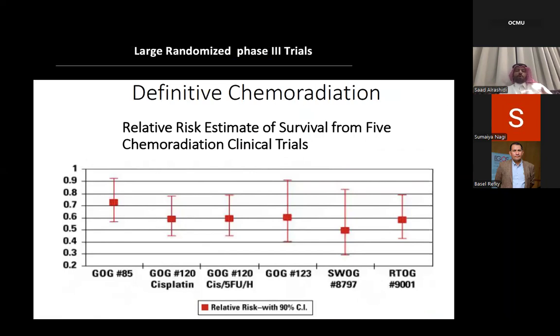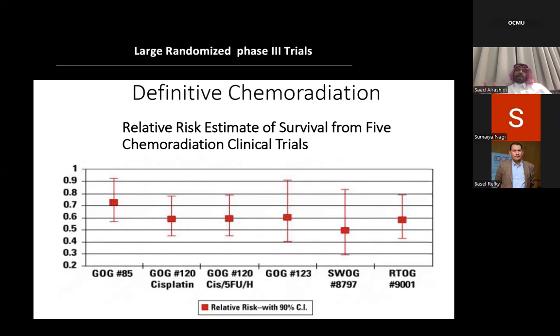If more nodes involved, more disease, fulminant disease in the abdomen and pelvis, PA nodes, hydronephrosis, all these things are considered locally advanced. Of course, extension into the organs in the pelvis is considered locally advanced, but those four things you need to remember without even going into your staging workup.